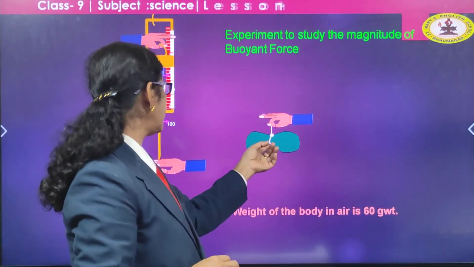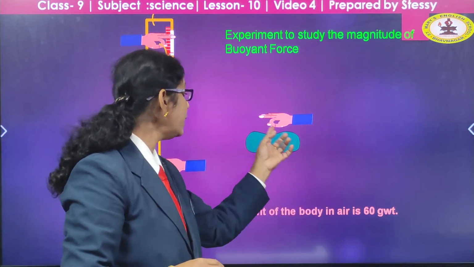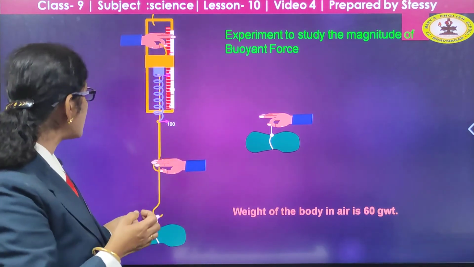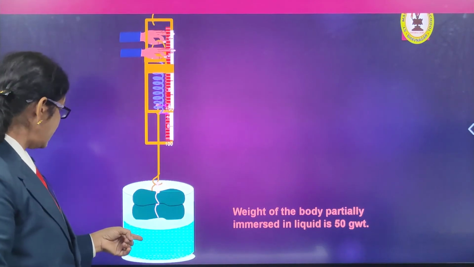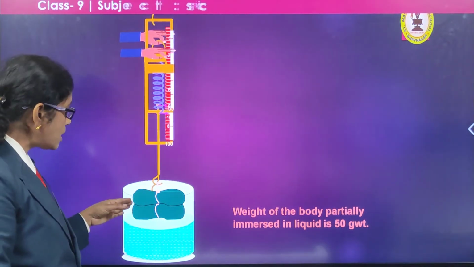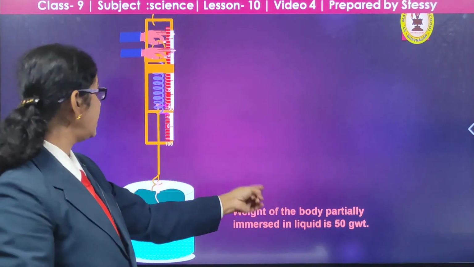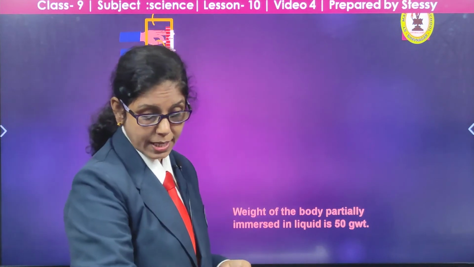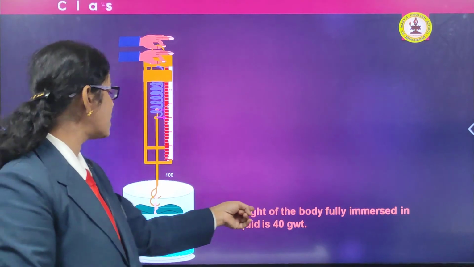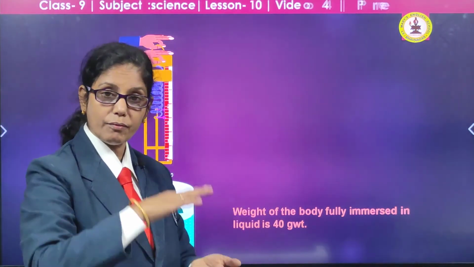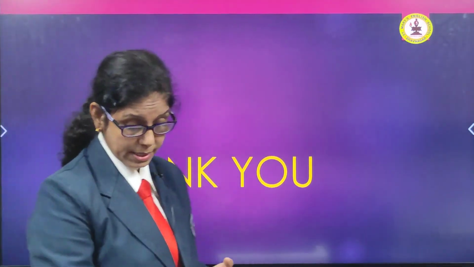Now, if we consider this object we are taking, we measure the weight of the body in air, 60 gram weight, by using a spring balance. Next we are going to immerse it in a bucket containing water. Now, it is partially immersed. When it is partially immersed, you see the reading on the balance will be 50 gram weight. And in the next case, it is fully immersed. When it is fully immersed, what happened? 40 gram weight. That is a loss of weight that happens when it is immersed.